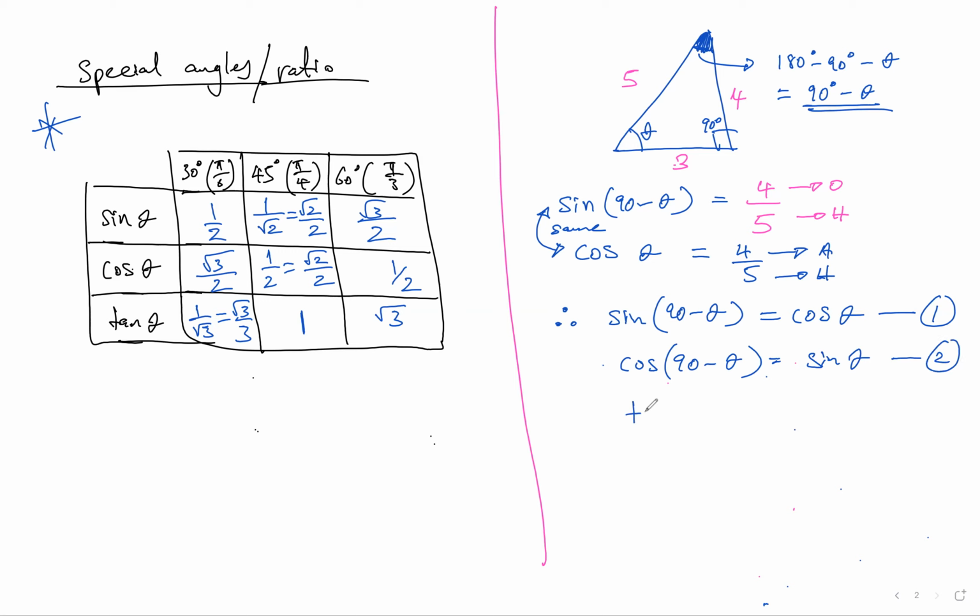And tangent 90 minus theta is the same as writing 1 over tangent theta, or now as you know is cotangent theta. Okay, so based on this, they will always like to ask you questions. So this is another important portion to remember.